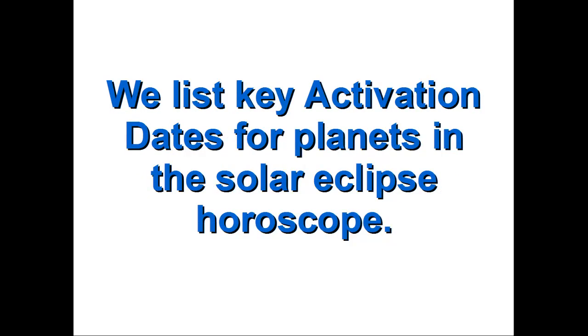Then we also have the ability to compile and list activation dates. So the next suggestion is, once you've worked with that initial work with the lunar eclipse, then what we want to do is compile a list of all the times that there are key planetary transits to the specific points that occur in the horoscope for the solar eclipse itself. So in other words, the eclipse may be at 0 degrees of Sagittarius, and we may find Saturn at 12 degrees of Leo, and Jupiter in another location in the chart, and Mercury in another location.